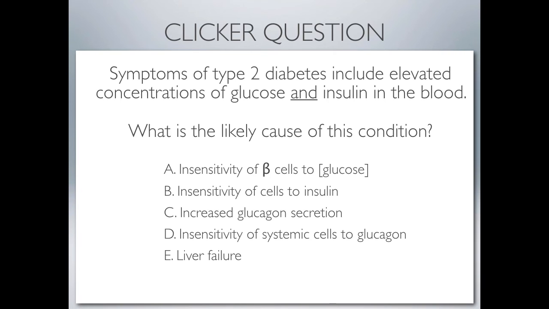Is it A, insensitivity of beta cells to the concentration of glucose? B, insensitivity of cells to insulin? C, increased glucagon secretion? D, insensitivity of systemic cells to glucagon? Or E is liver failure?